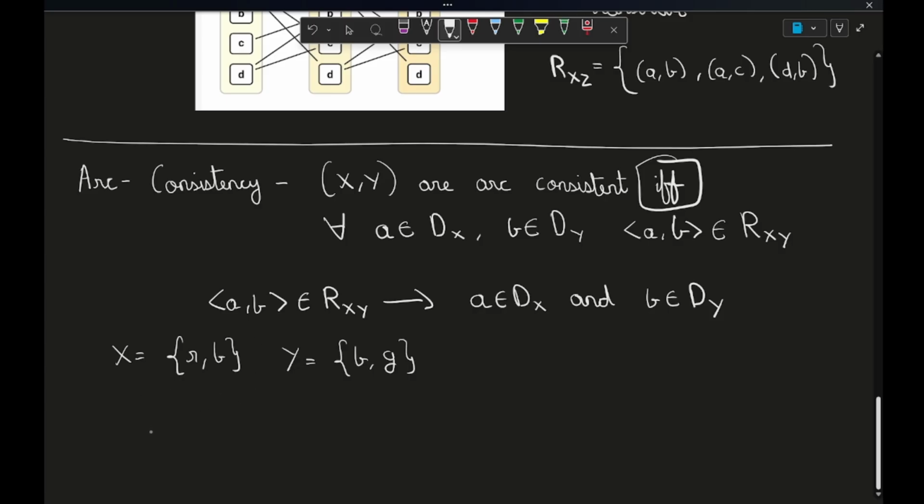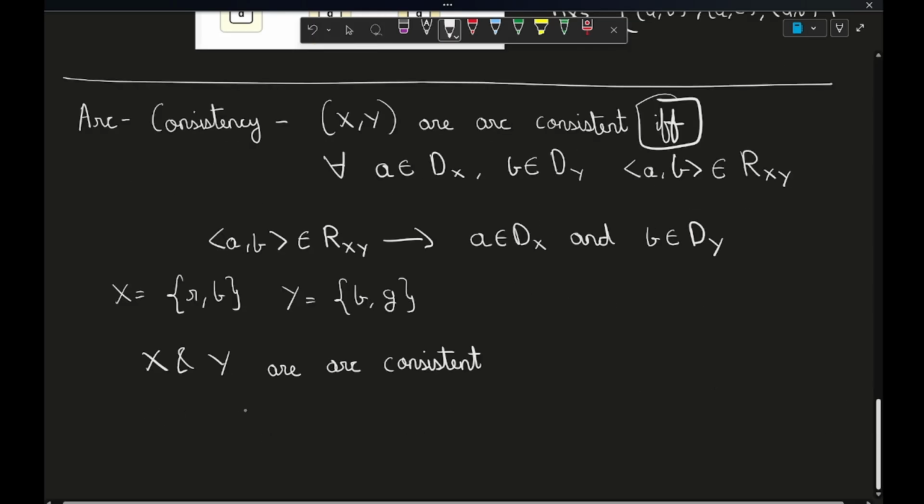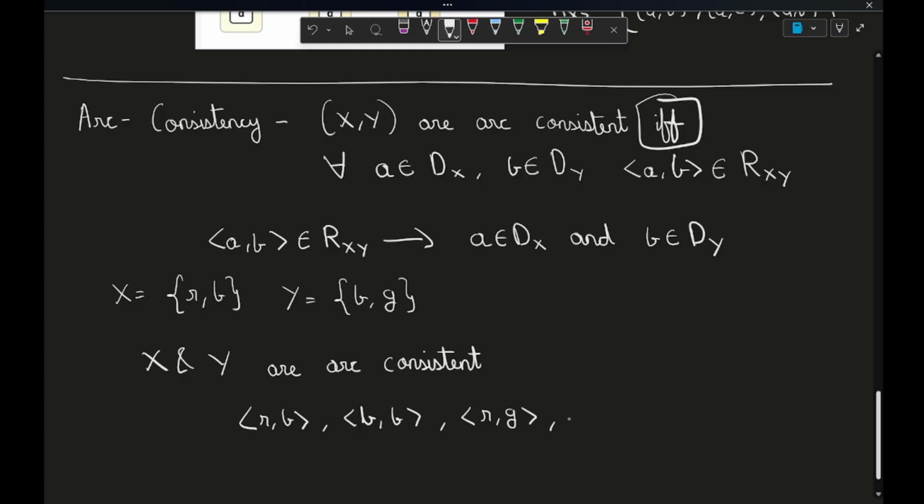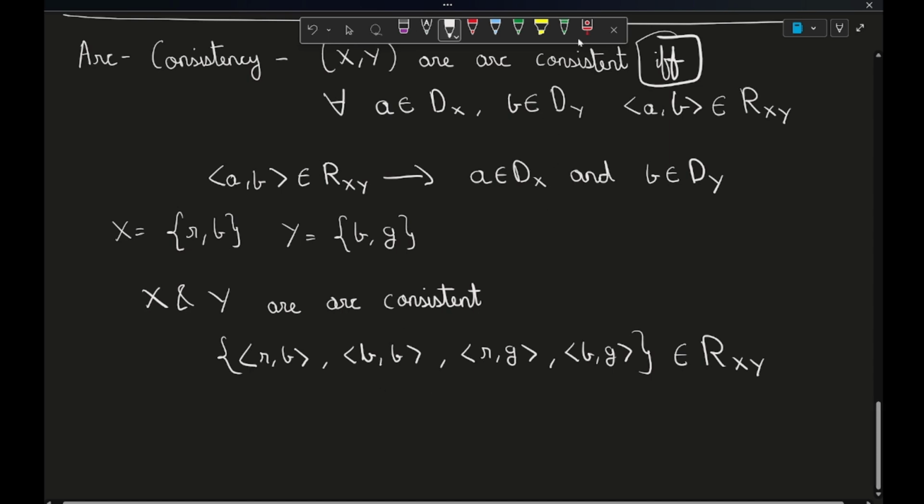So here, if we were to say that X and Y are consistent, it would mean that all these tuples R comma B, B comma B, R comma G, and B comma G should belong to the relation given by X and Y. Does this make sense to you?